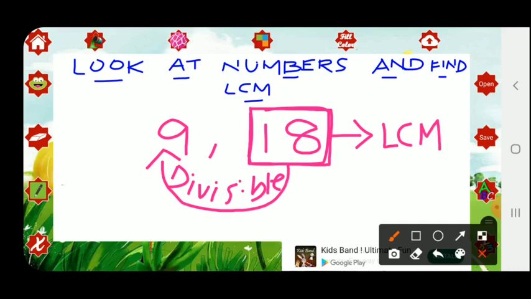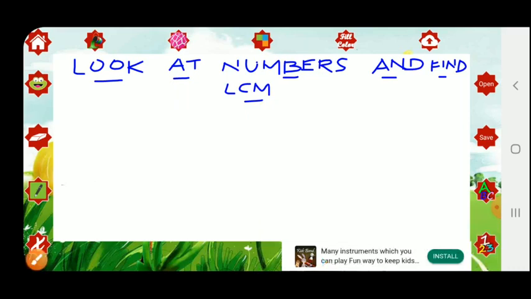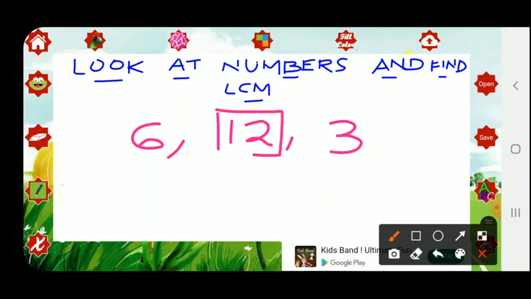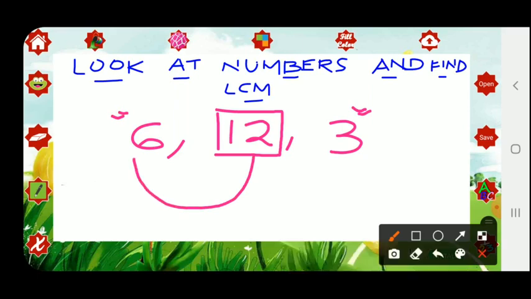Then let's take another example, 6, 12 and 3. First of all we have to take the biggest number in the square box. Here the biggest number is 12, so we put the square box around 12. Then we have to check whether this 12 is divisible by both these numbers or not. 12 is divisible by 6, yes.